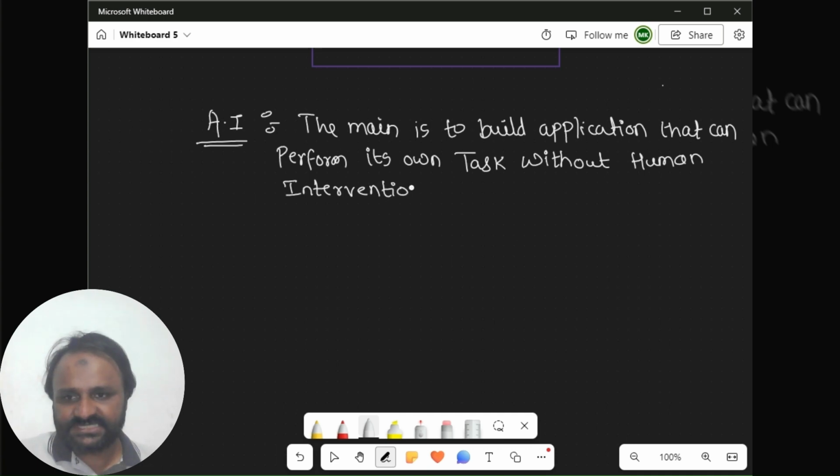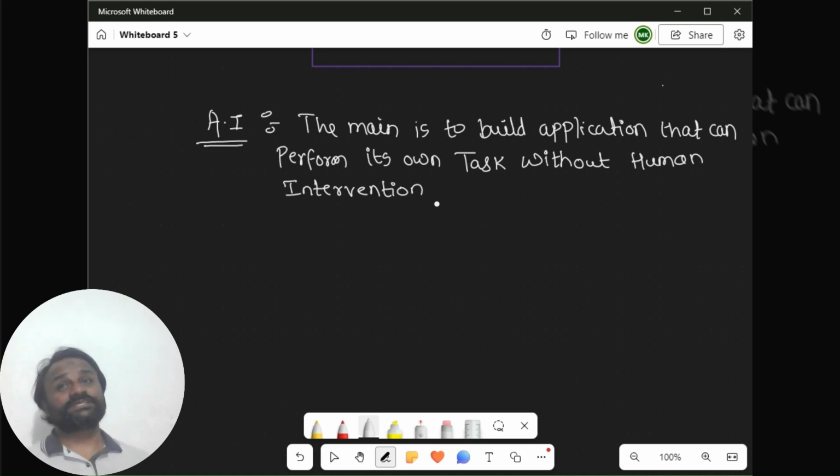So my dear friends and everyone, please try to understand: the model or that particular application will perform its own task without human interventions.